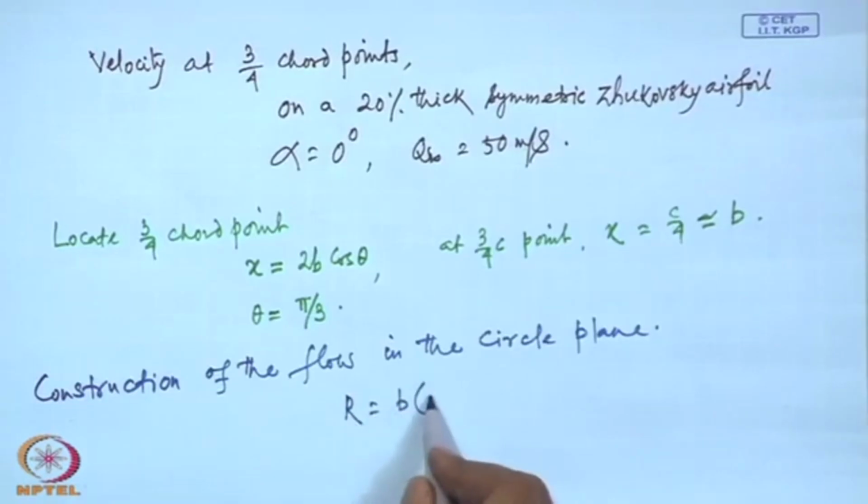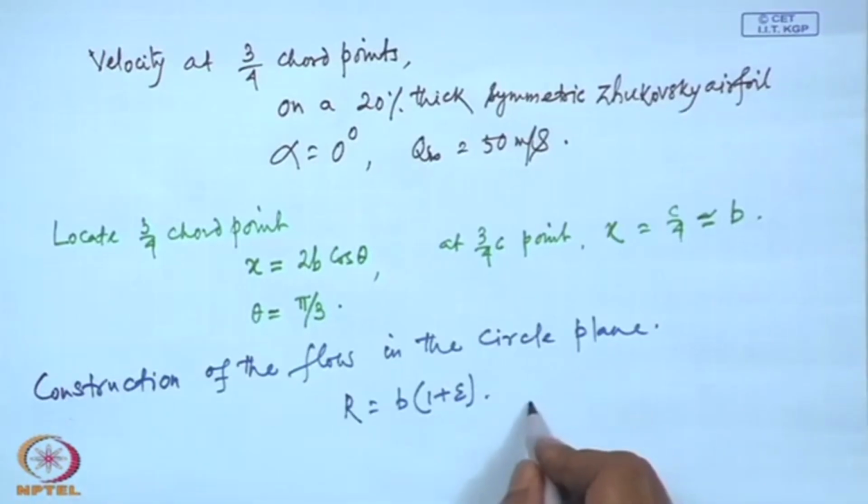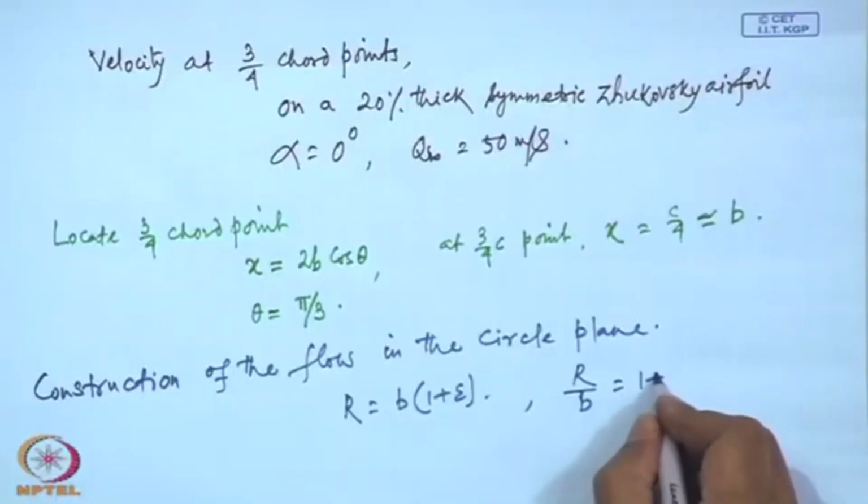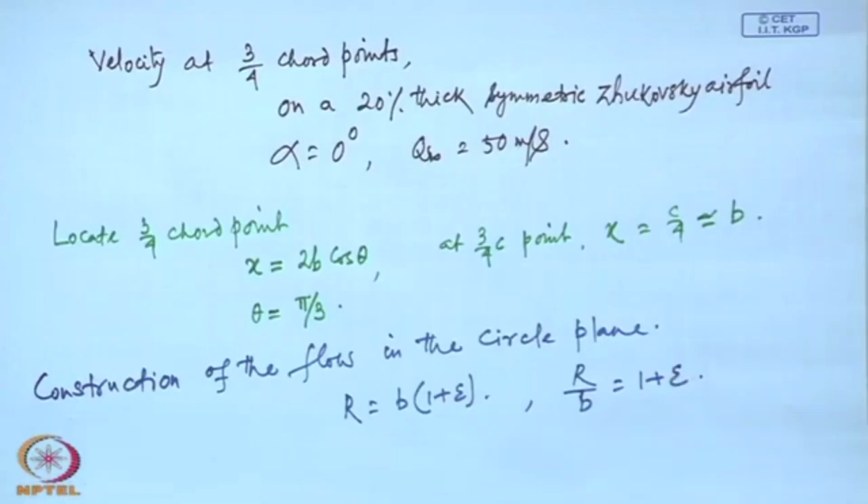R equal to b into 1 plus epsilon, no? Epsilon is not 0.2. Since the chord here is not exactly specified, we will not be able to write how much is the chord, how much is b and how much is R specifically. So, we will keep it as the ratio R by b is 1 plus epsilon, and epsilon can be found from the thickness.